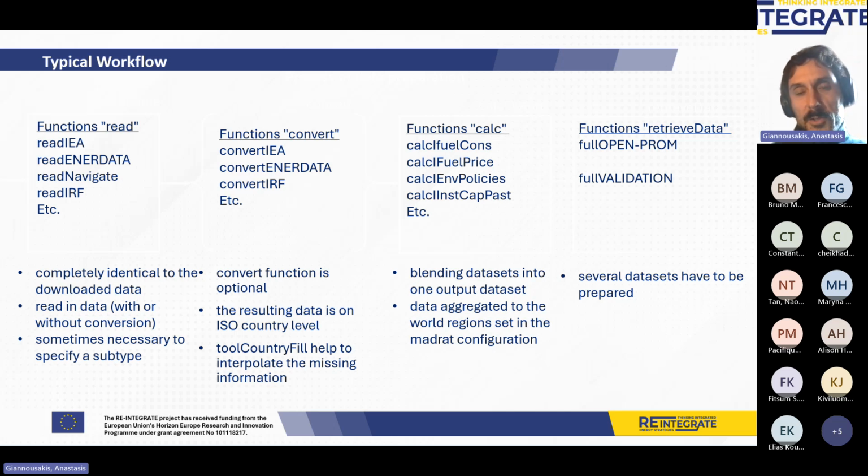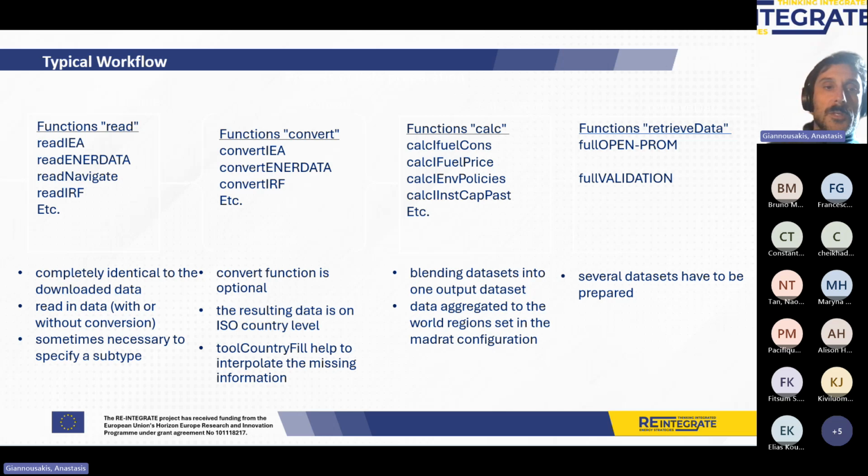Now the calculation functions, as I showed before, combine data sets and do calculations, so they are specific to your modeling needs. On the left side of the screen, we have the data providers. On the right side, we have your model. Your model might need data for fuel consumption, fuel prices, environmental policies, or installed capacities in the past.